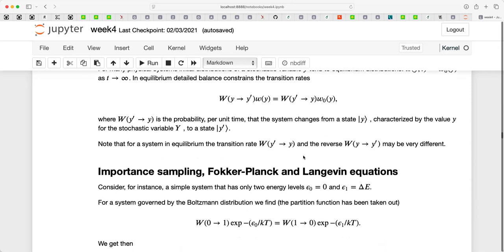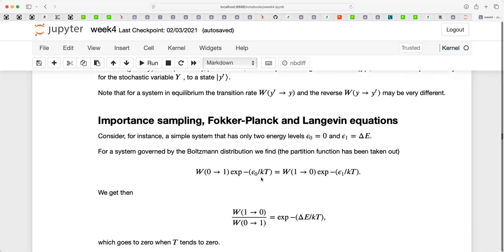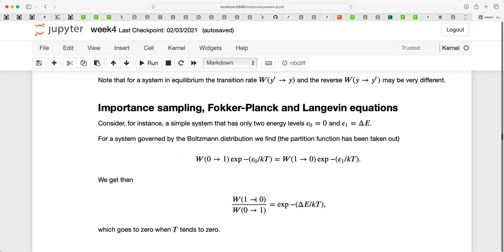And if you now look at a simple case where you have the Boltzmann distribution, so this W is the Boltzmann distribution. Suppose you just have 2 states only, 0 and 1, and there is an energy difference of delta E there. So that means that when this detailed balance has been established and you want to find the ratios here, you know that this quantity here is something you can calculate because you have the Boltzmann distribution, and the same here. And when you take the ratios of going from 1 to 0, 0 to 1, that is simply given by this energy difference exponentiated.